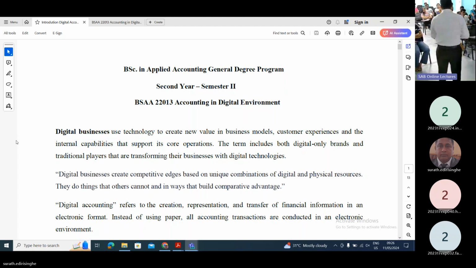The company, the people, doing the things others cannot do, through that the business gets competitive advantage. This is the point here, digital business. They do things that others cannot do, and that is the way they create and build the competitive advantage.